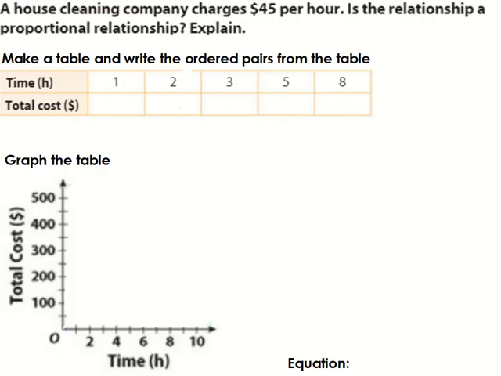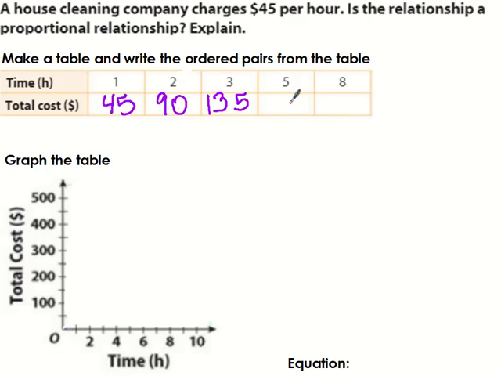So in our first example, we have a house cleaning company that charges $45 an hour. Is this relationship a proportional relationship? So we are going to make a table, but we're not going to use the table to find the constant. We're just going to make a table. In 1 hour, it's going to cost me $45. So 2 hours, it would cost me $90. 3 hours would cost me $135.